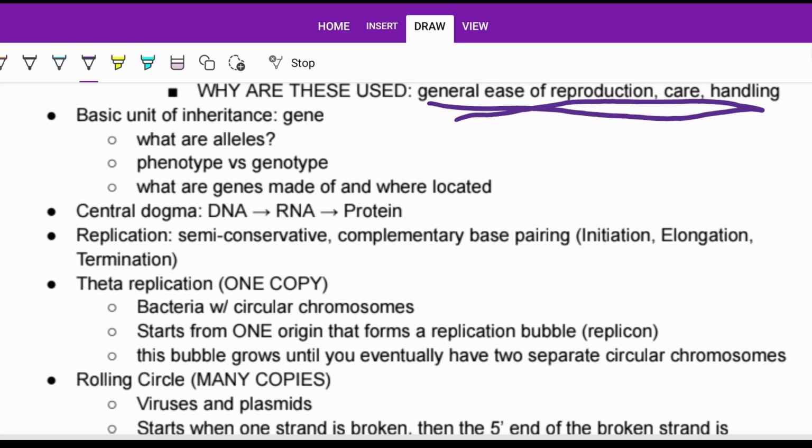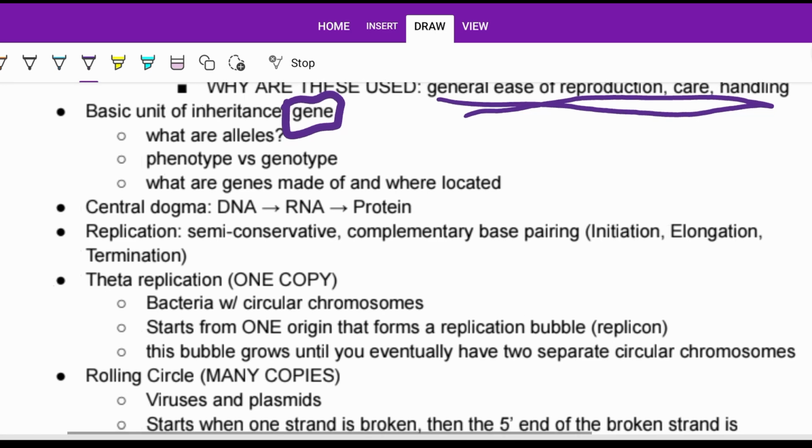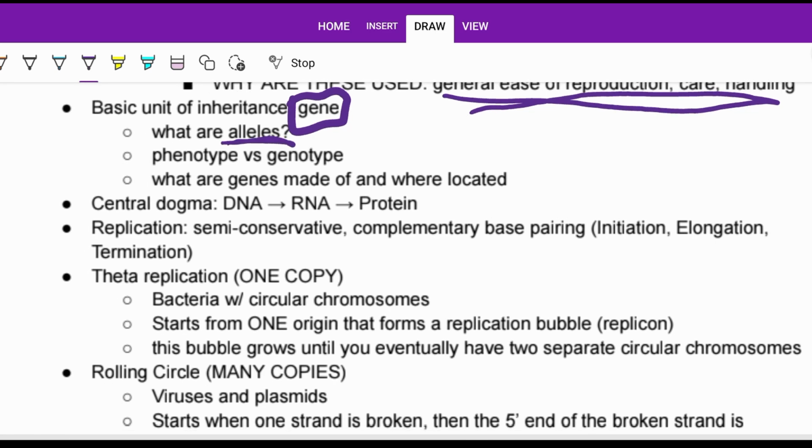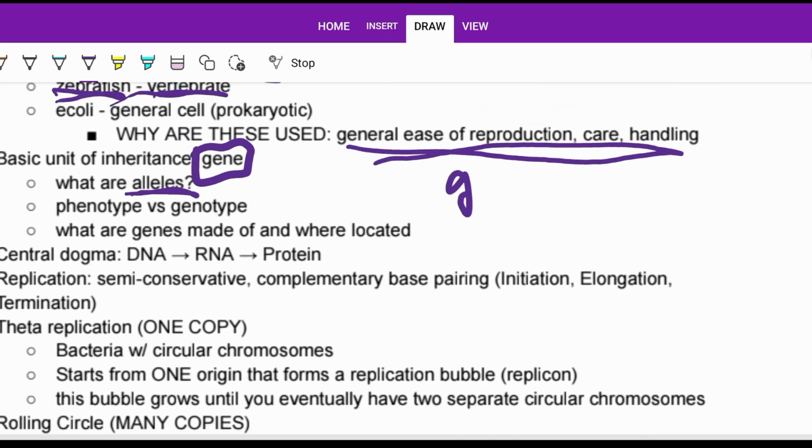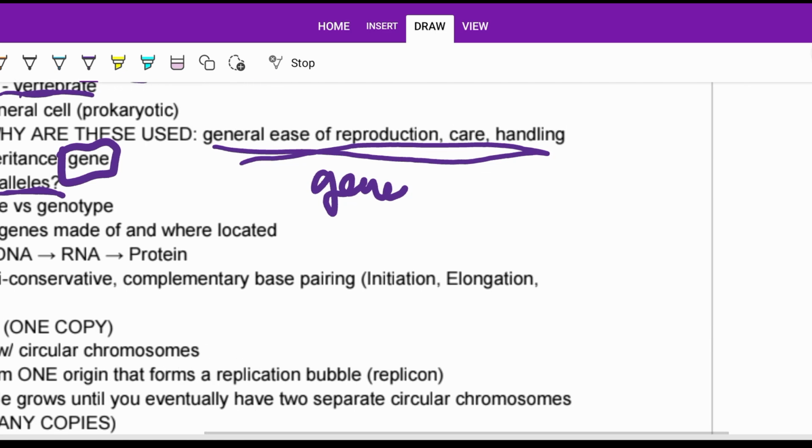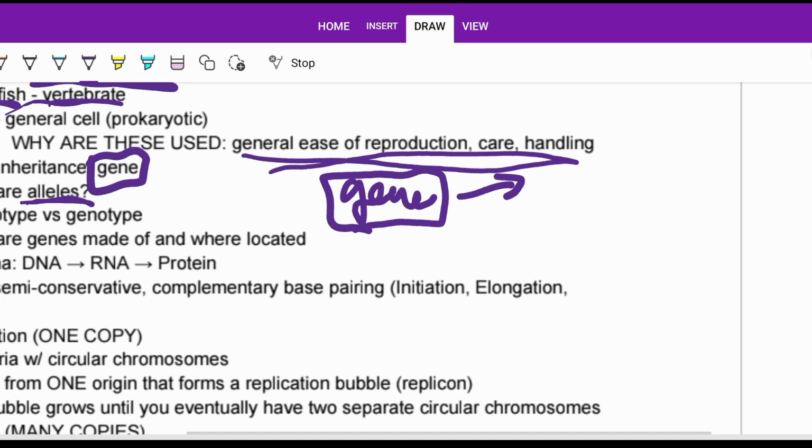Okay, so moving on. The basic unit of inheritance is a gene, basically. And what are alleles? A gene codes for a protein or an enzyme like insulin.